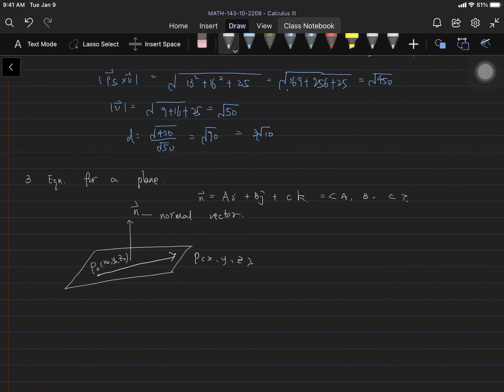And we know the n vector is orthogonal, or perpendicular, to the plane. So the n vector is perpendicular to any vector in the plane.